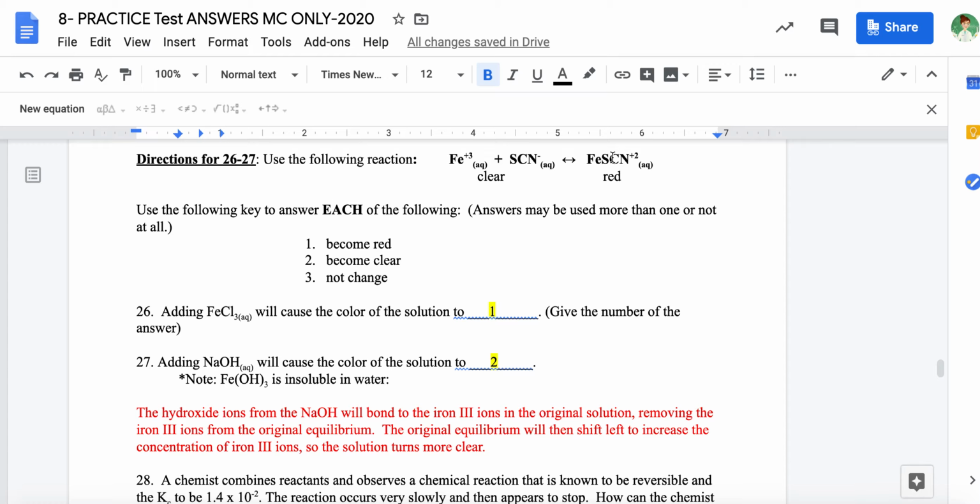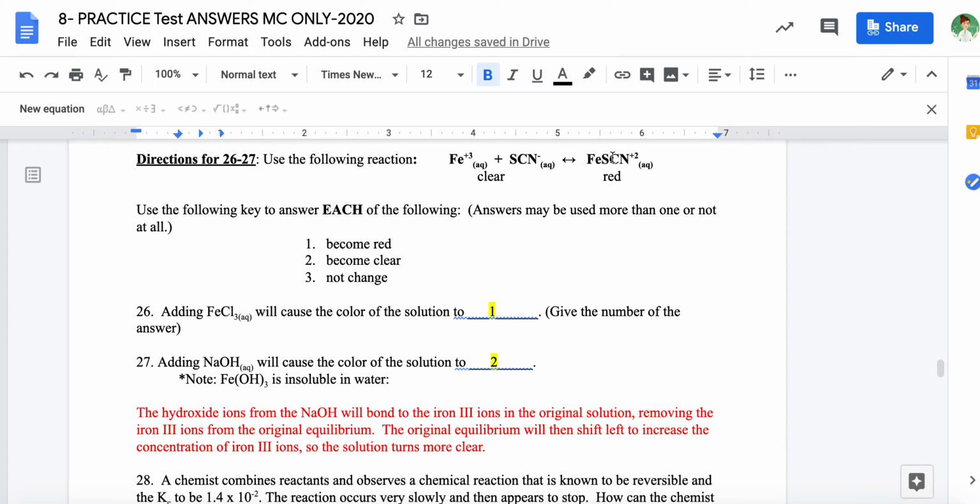But we can also decrease concentration by adding something to the reaction system that will essentially remove some of the reactant or product. And typically this happens with solutions. We remove an ion that's in solution by causing it to form a precipitate.